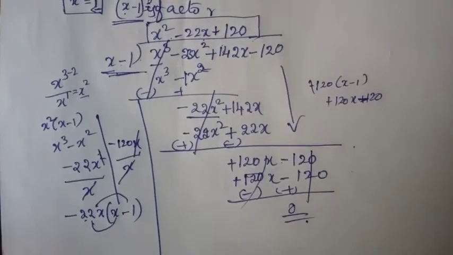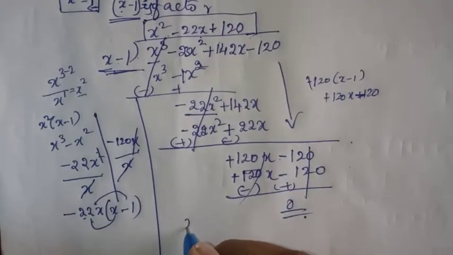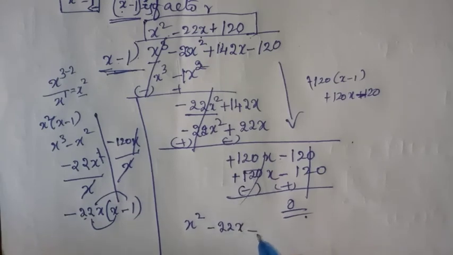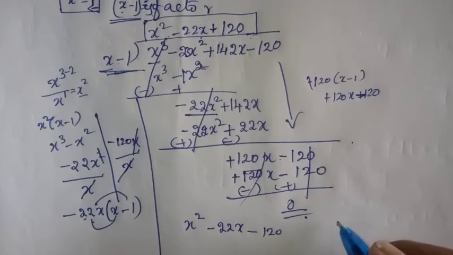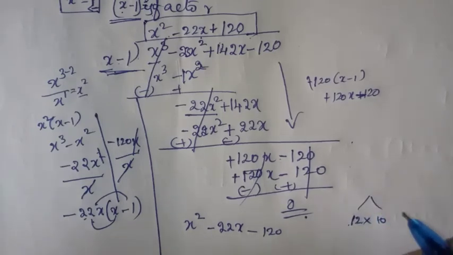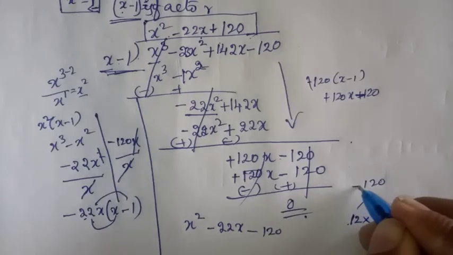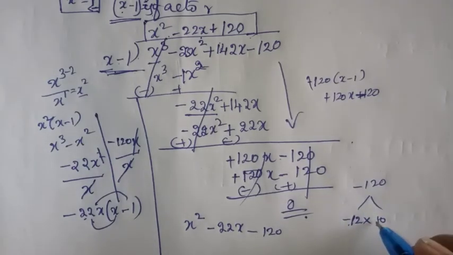Now we are going to factorize x square minus 22x plus 120. Now you have to factorize this one, the splitting method. How to factorize? 12 tens are 120, and the bigger integer is always negative.